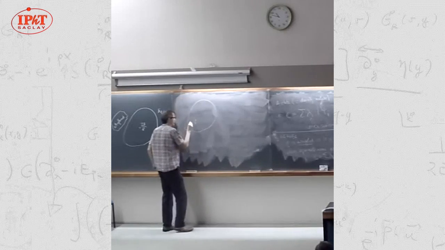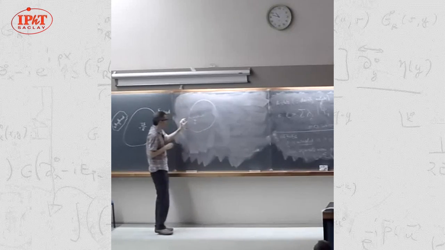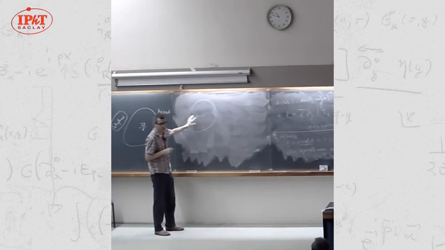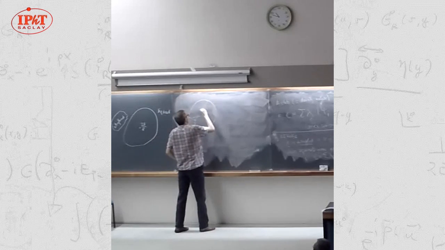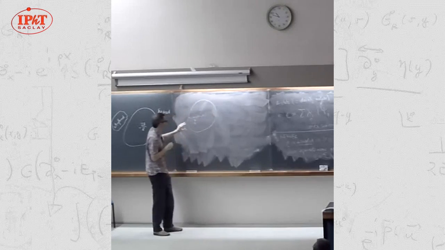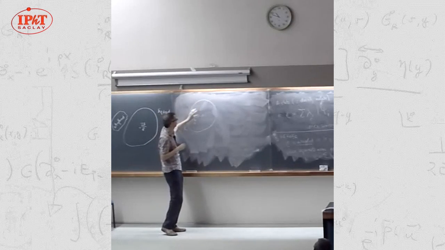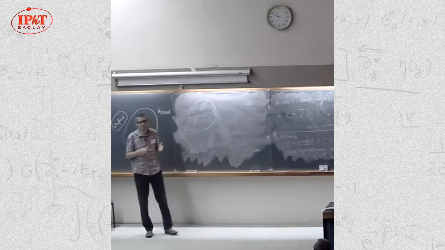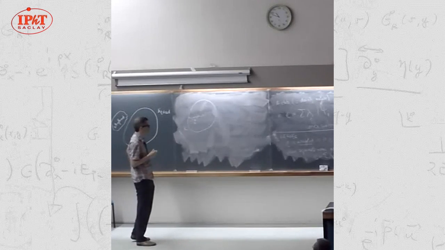I will also need to consider what I call the inradius. So the inradius of K here is the radius of the smallest ball centered at the origin which fits inside K. And the outradius will be the opposite. You look at the smallest ball centered at the origin which contains K. So the ratio between these two radii gives you how far your set is from being a true ball. It's 1 if K is a ball centered at the origin.